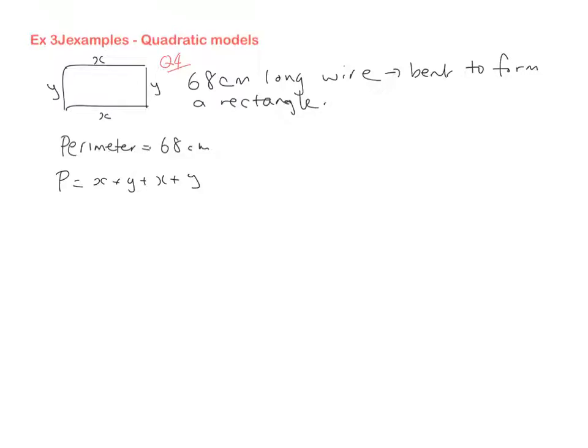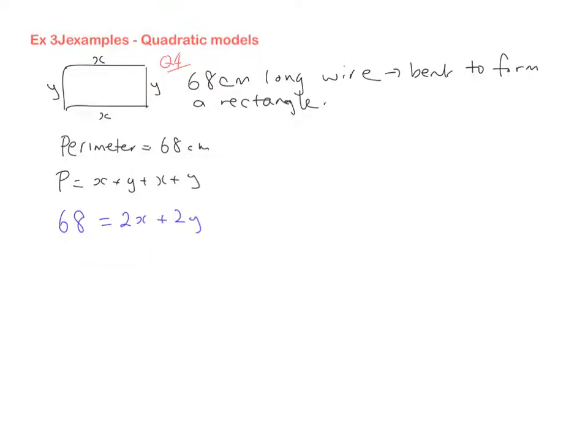So from all of those, my perimeter is going to be equal, and I can write it as 68 equals 2x plus 2y. I know that, but I want to get y in terms of x.